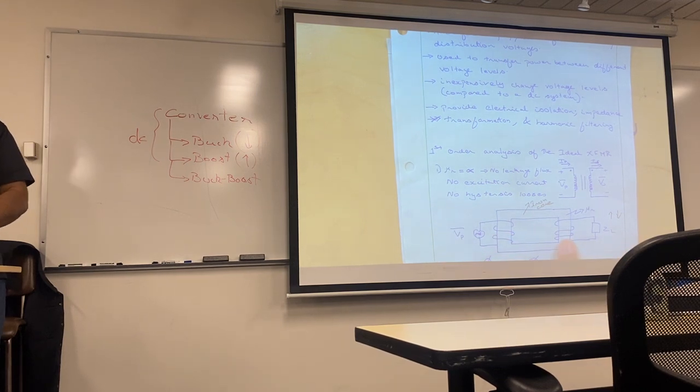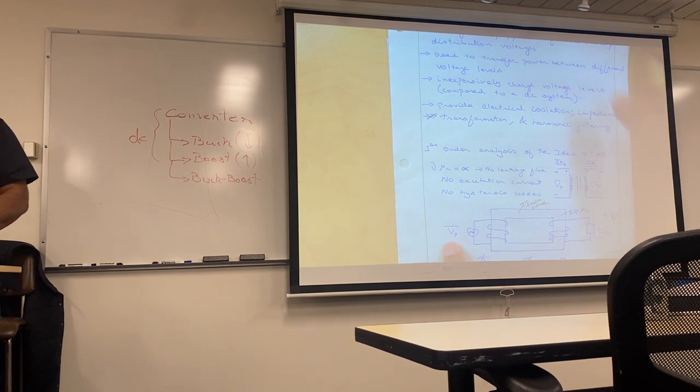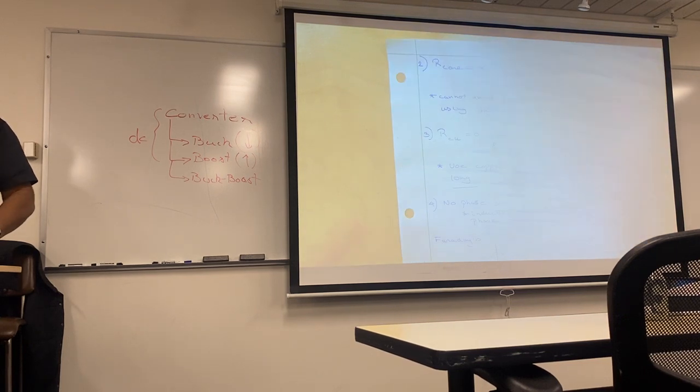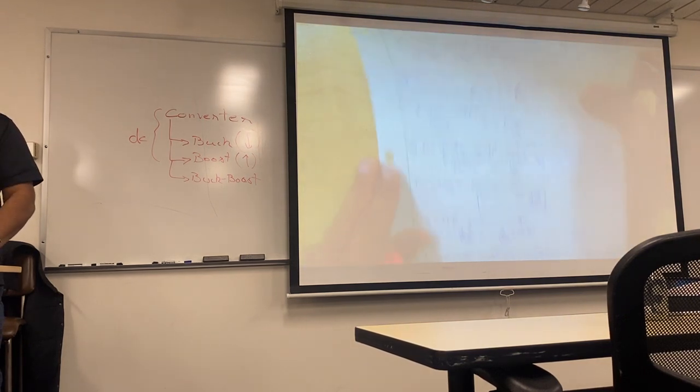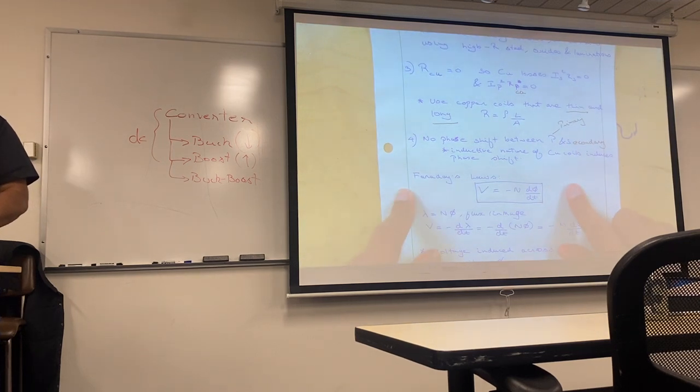High side being where there's a higher voltage, low side being the lower voltage. So for the time being, go by VP and VS. You shouldn't be surprised if you start to see H and X.